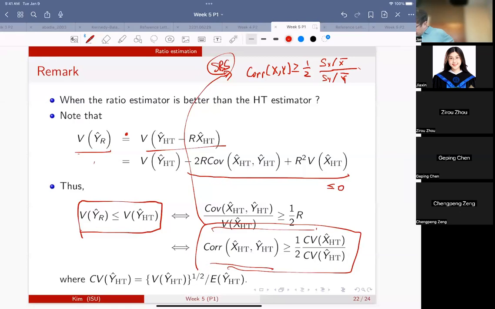So one interesting part is that, relatively speaking, if y is really small. So let me see.